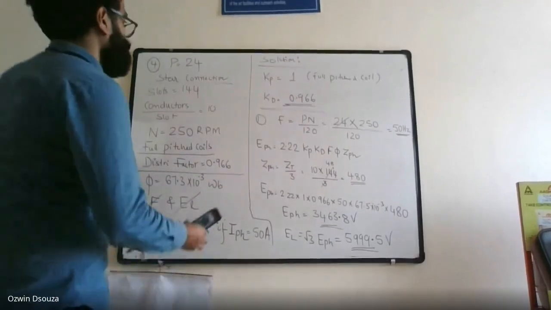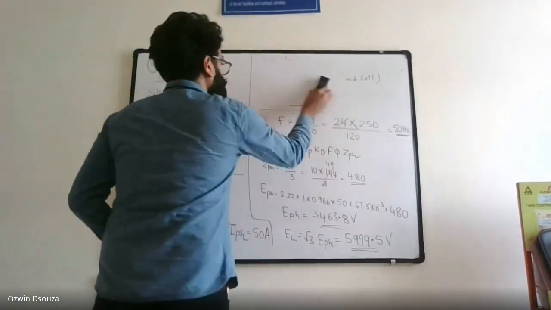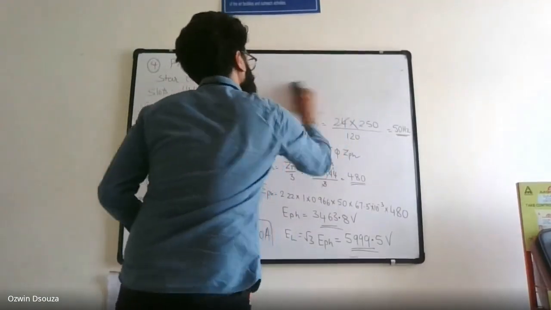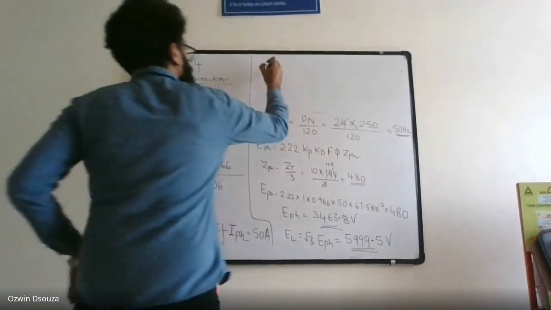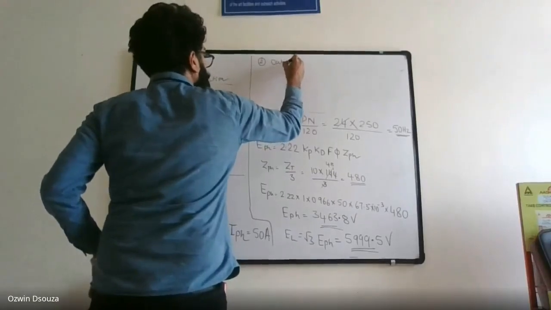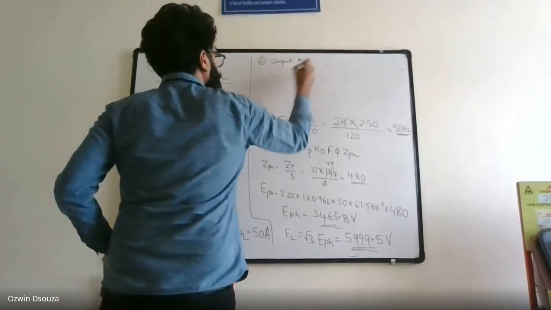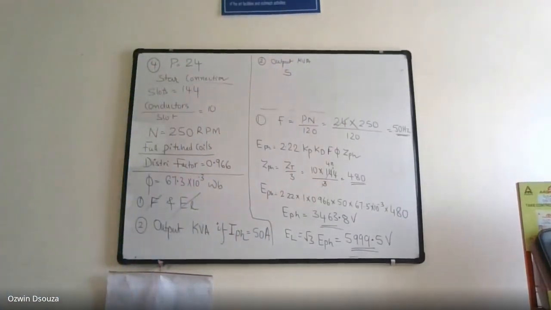Now the second part, that's about the output kVA. How will you find output kVA? What is the formula for kVA? kVA is the apparent power, yes.